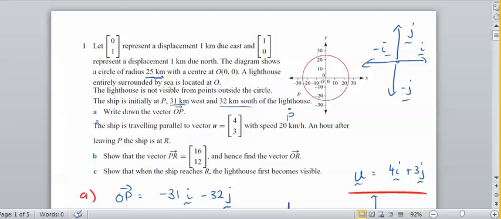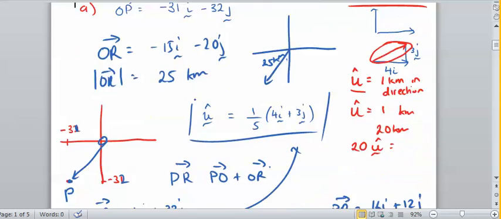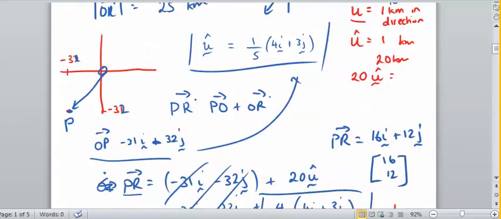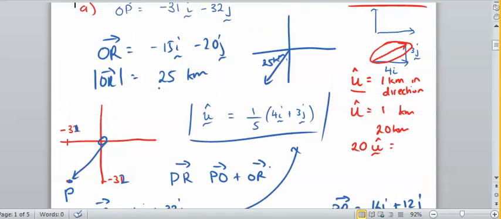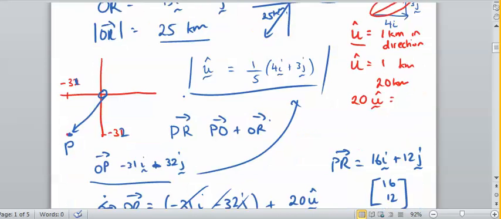This lighthouse is not visible from points outside this circle. Well, considering that the magnitude of OR is 25, it's just visible from the lighthouse, isn't it? Yeah? Okay. Good.